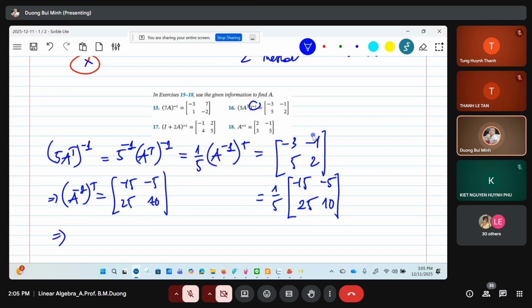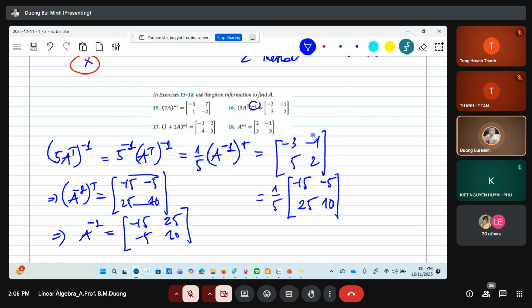So I would like to delete the transpose. So inverse of A is this. If row becomes column, you get minus 15, minus 5. The first row becomes the first column, the second row becomes the second column, so you get 25 and 10.